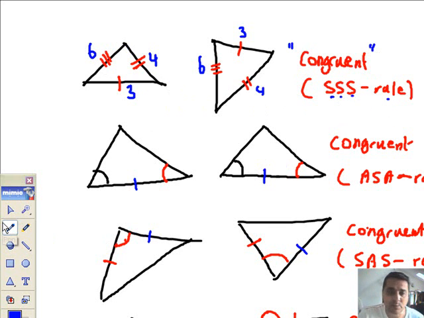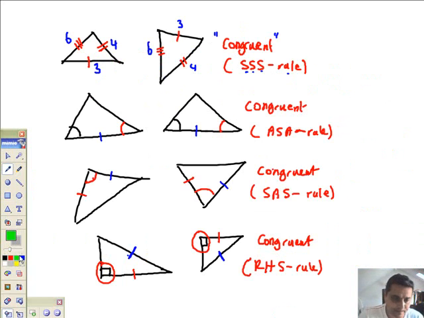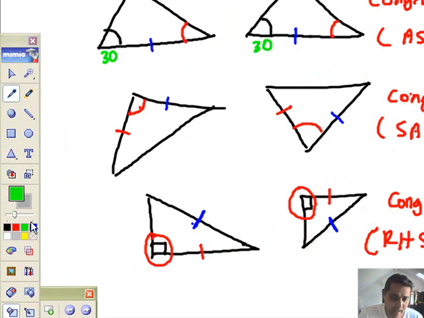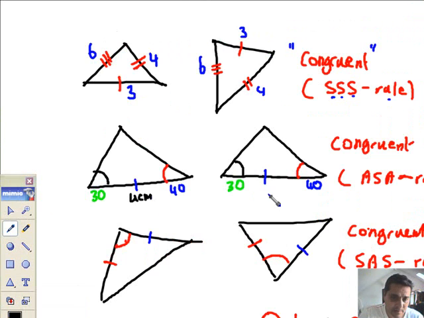Next one. Suppose you're given this, and this was, say, 30 degrees, and this was obviously 30 degrees as well, and this one was, I don't know, 40 degrees, and this is also 40 degrees, and you're told, for example, that the length joining these two angles is 4 centimeters, say, and this is also 4 centimeters.